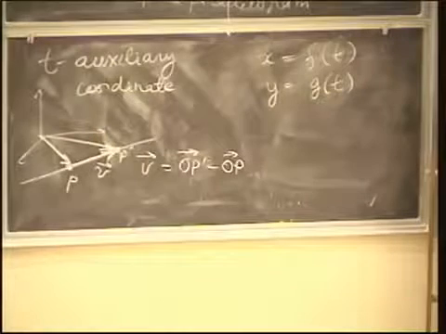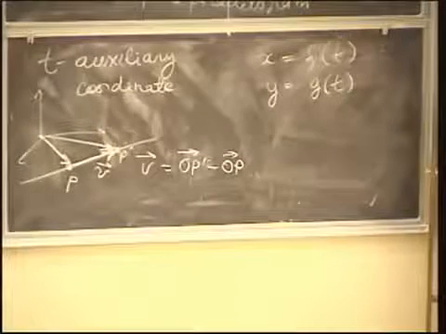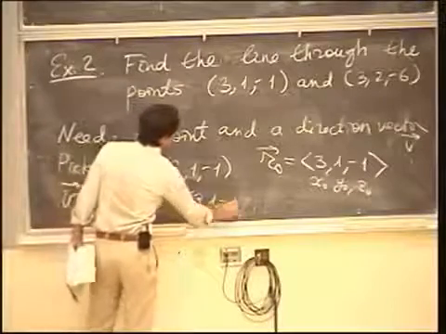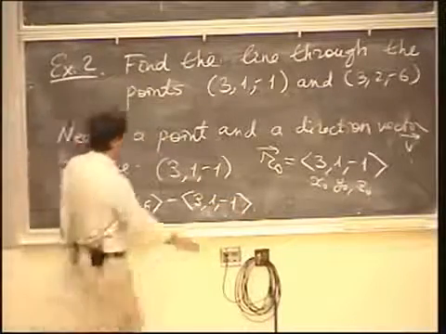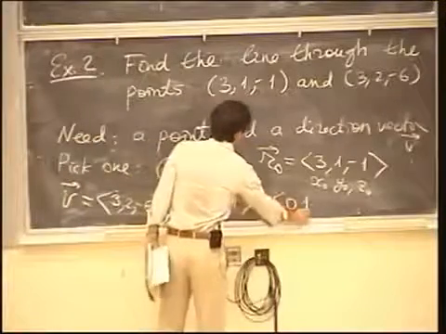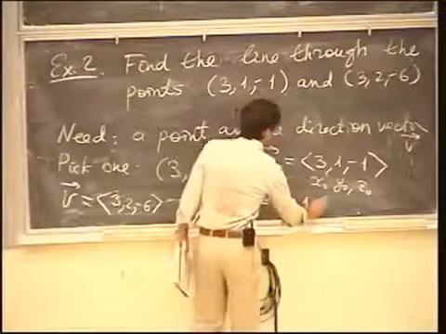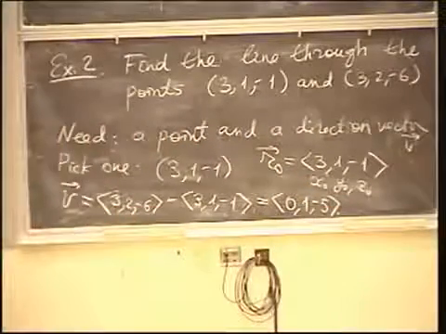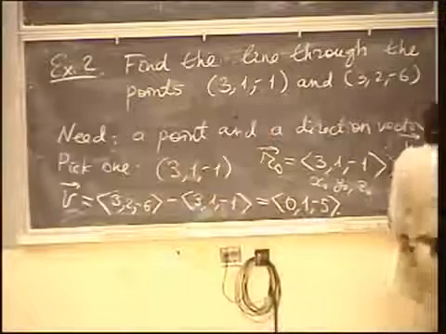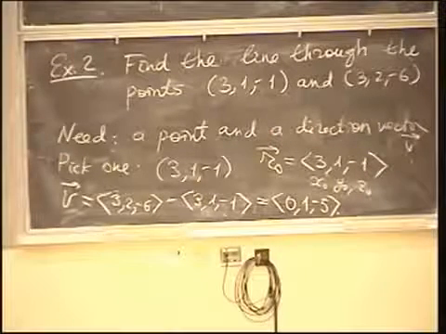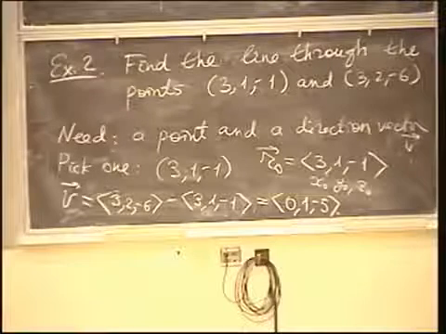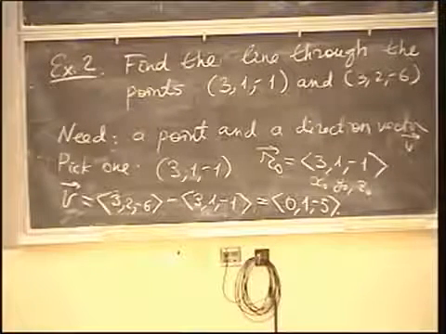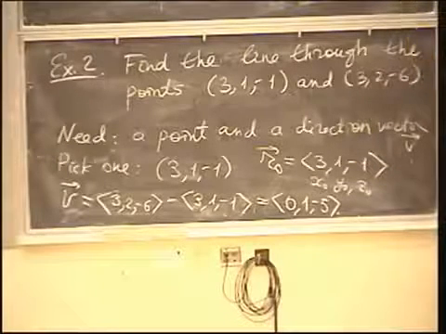So I simply take the difference from (3, 2, negative 6). I subtract (3, 1, negative 1). What's the result? The result is <0, 1, negative 5>. So now I have found what I needed, which is a point on this line, and I have found the direction vector. And now I just put all this data into this formula.